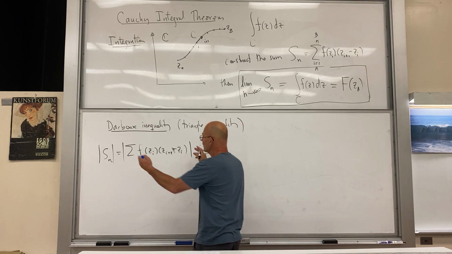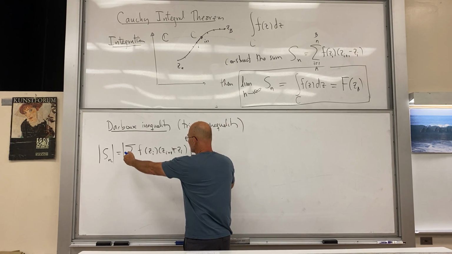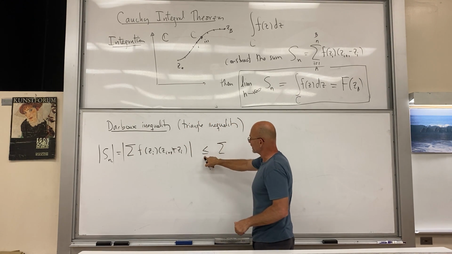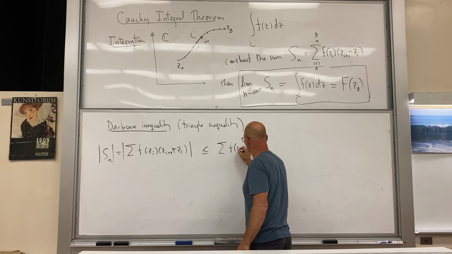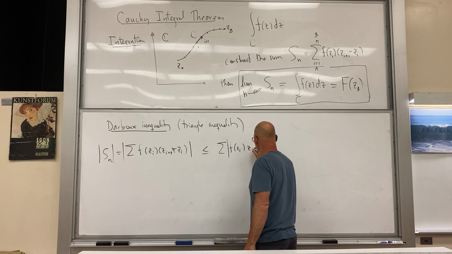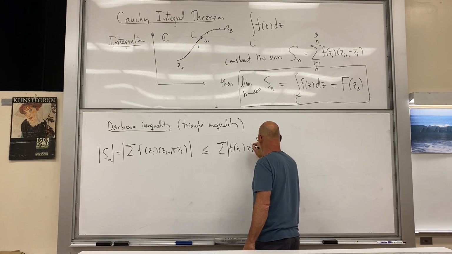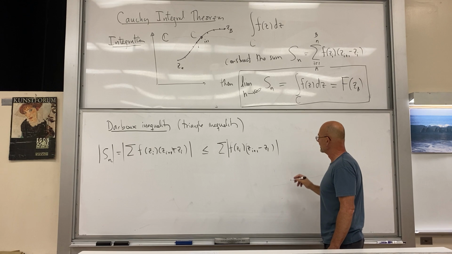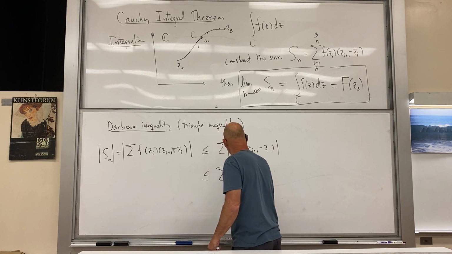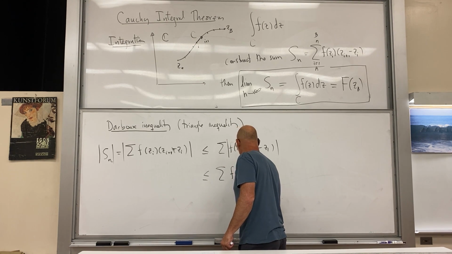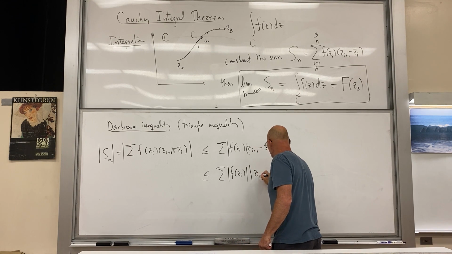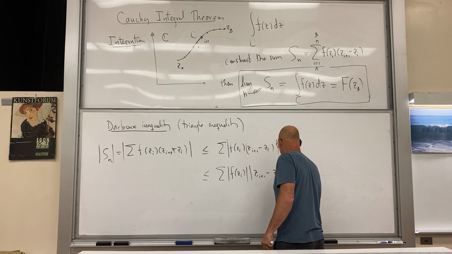Then we know from the triangle inequality in general, we go inside the sum, we have an inequality, so the magnitude of f of z sub i times z sub i plus 1 minus z sub i. And we can estimate this again, the sum of the magnitude of f of z sub i times the magnitude of z sub i plus 1 minus z sub i.